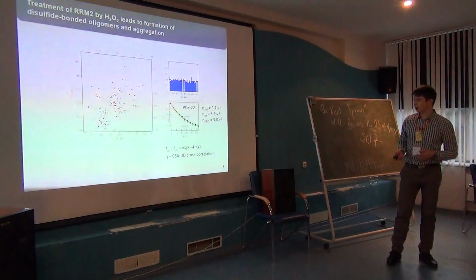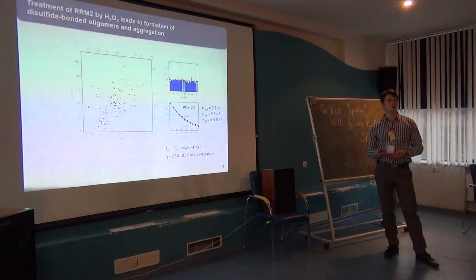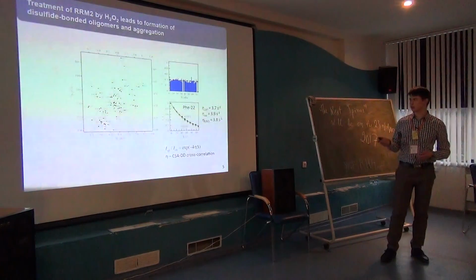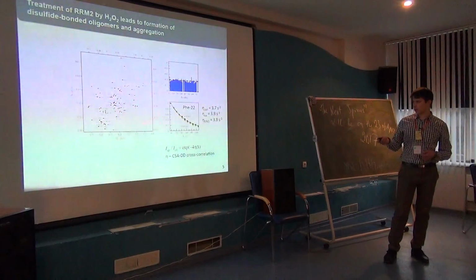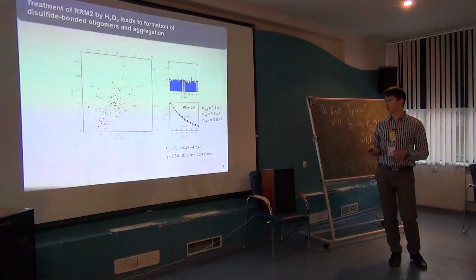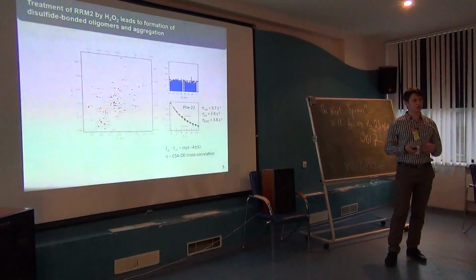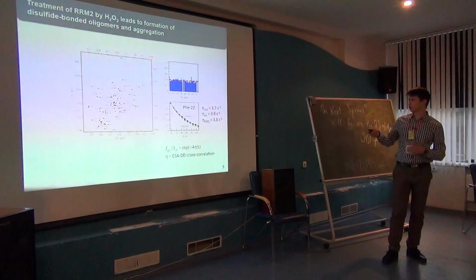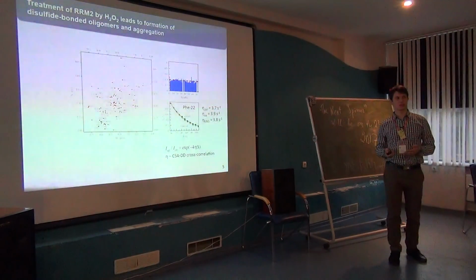The second experiment is the NMR experiment. We recorded HSQC spectra for control and oxidized sample. And we found that for the control sample we have a nice HSQC spectrum with very well dispersed peaks. And when we recorded the spectrum for the oxidized sample, we found that intensity dropped to 60% of the initial one, and it means that some signals disappear.